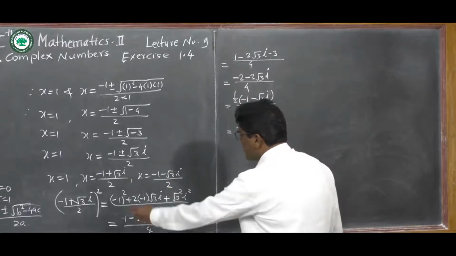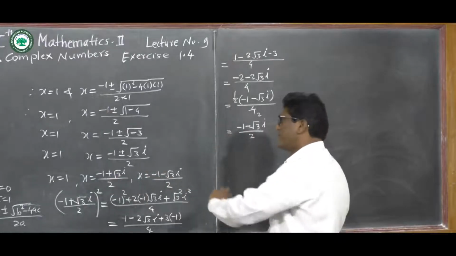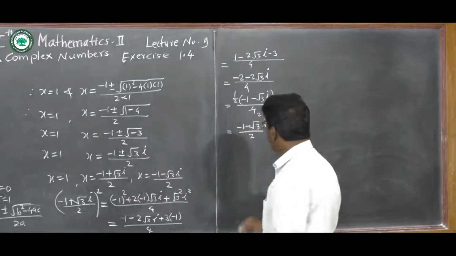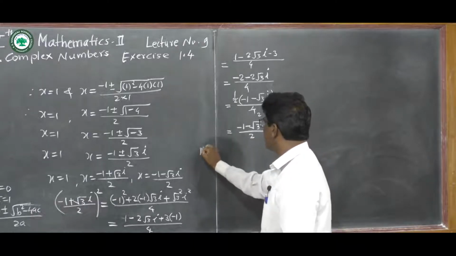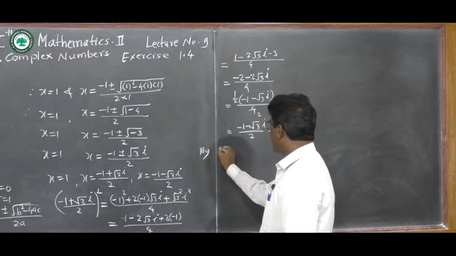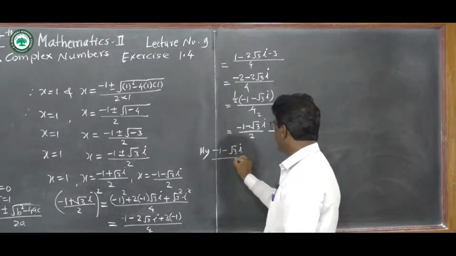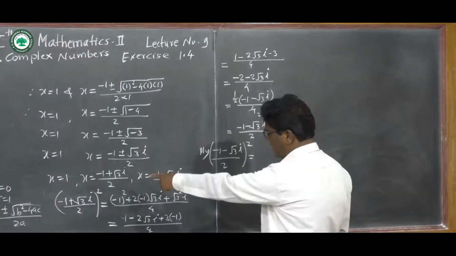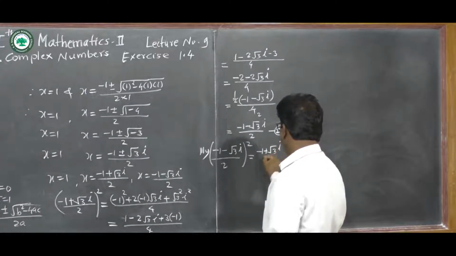So if we take the square of one complex root, we get the other, and vice versa. Means if we take the square of this, then also we get this root. We call this equation number 1, suppose. Similarly we can show that minus 1 minus root 3 i divided by 2, bracket squared, is equal to the first complex root, minus 1 plus root 3 i divided by 2.